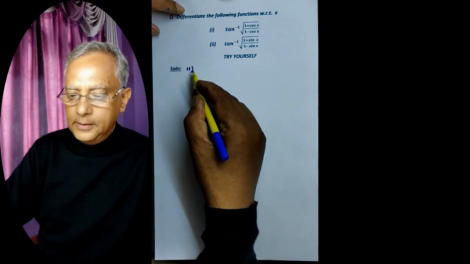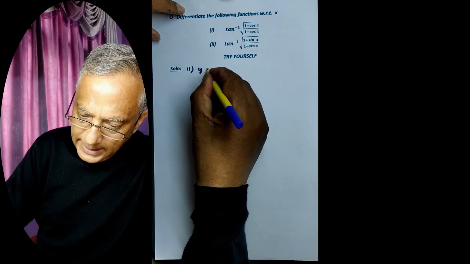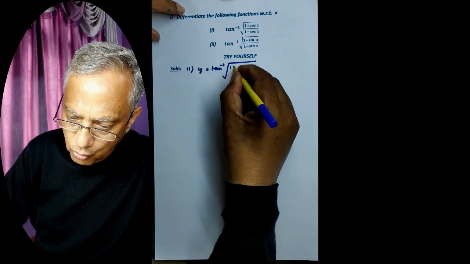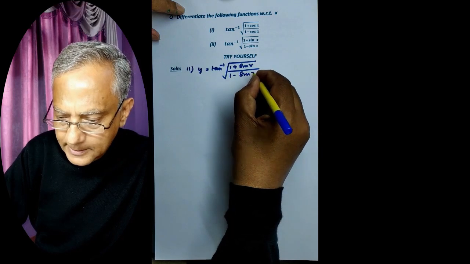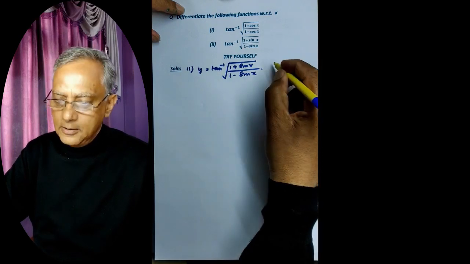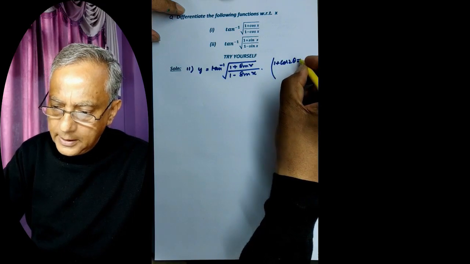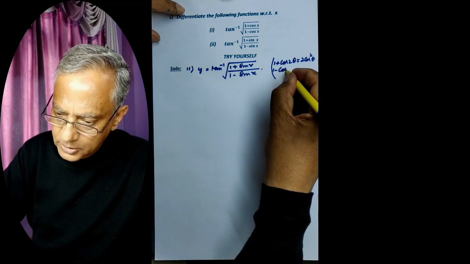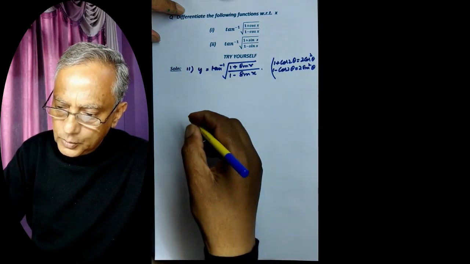Now I am taking the second part. You can try the first part yourself. Y is equal to tan inverse under the root 1 plus sine x whole divided by 1 minus sine x. Now there is no formula for 1 plus sine x or 1 minus sine x, but we have 1 plus cos 2 theta is 2 cos square theta, and 1 minus cos 2 theta is 2 sine square theta.